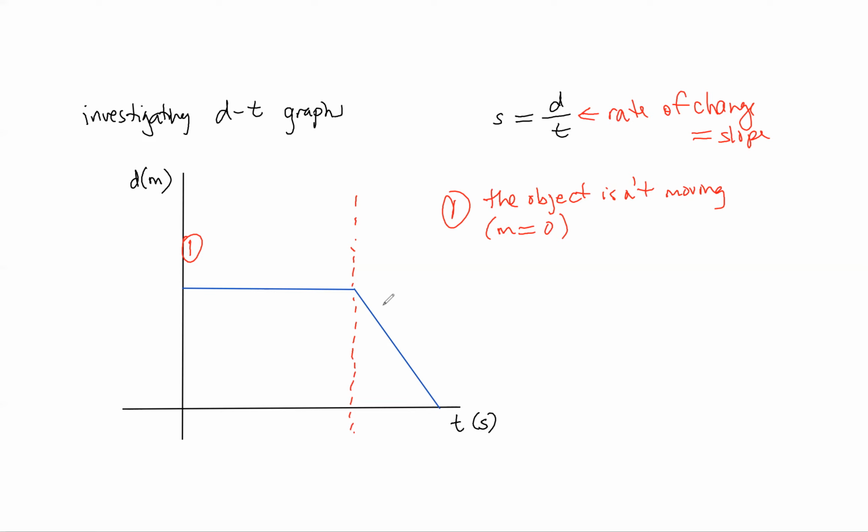Second part of the trip, well, it seems to be a falling line, but it's clearly a straight line, right? So the object is moving steadily. And the reason why it's steady is that it's a straight line. But also, what direction is it going? So this is a time where we can be creative.